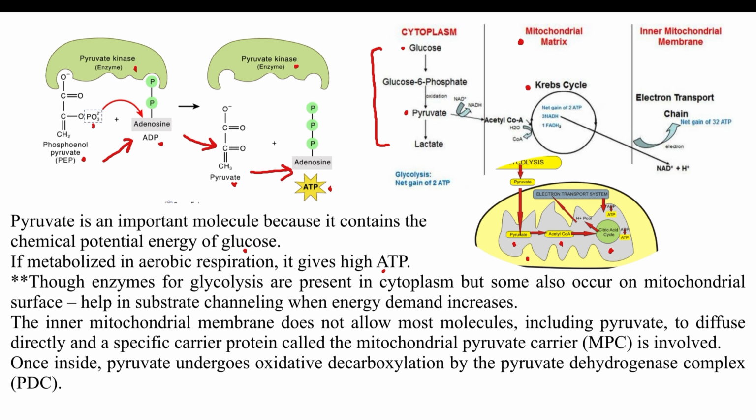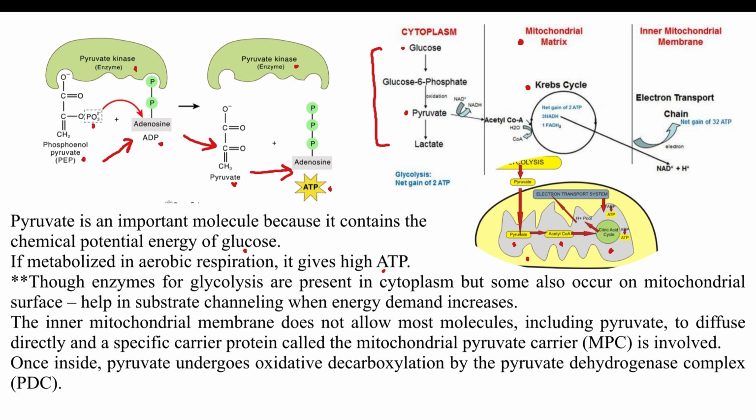I want to highlight one important thing: what will happen if the cell or the plant has a lot of demand for ATP, and glycolysis occurring in the cytoplasm is not enough to meet the demand of the plant for ATP?